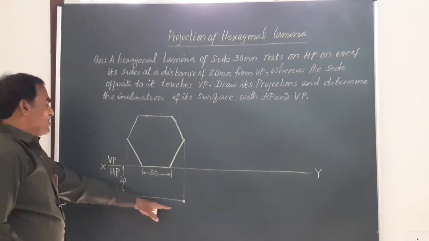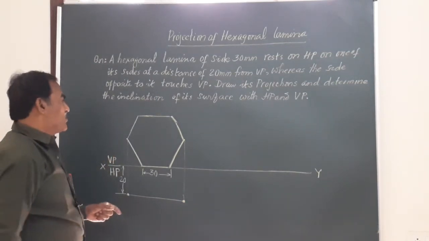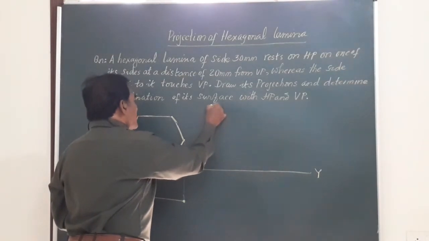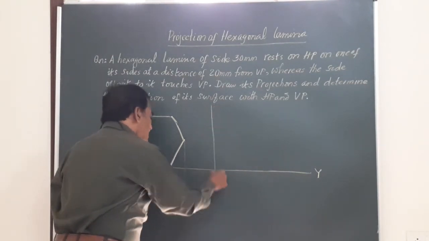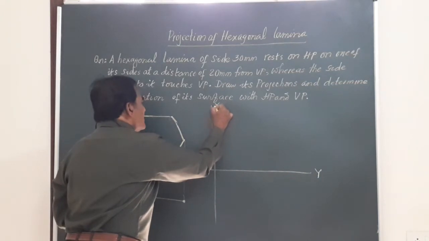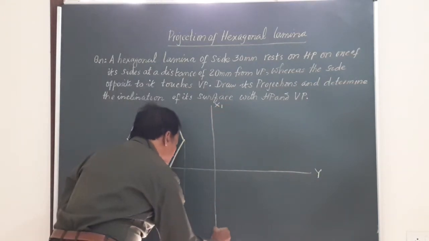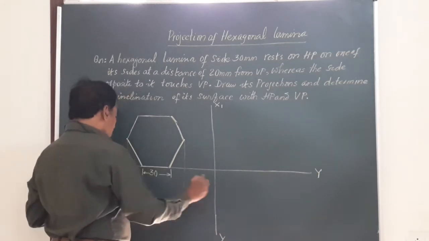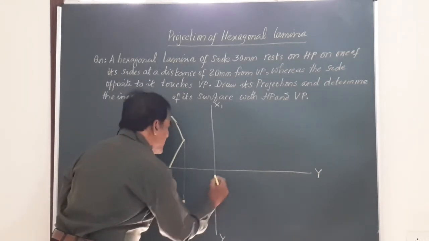This is how the line looks in the top view. Similarly friends, if you draw the profile view or the right and left hand view of the lamina, I am going to mark this as x1, y1, a line, and here this is going to be at the same distance.